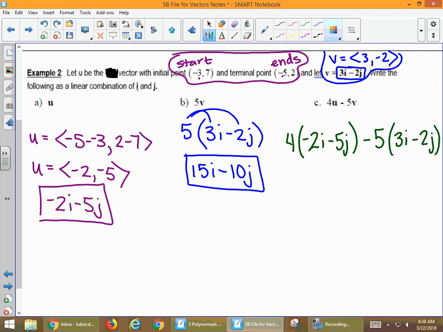No, this is like a little algebra 1 problem. Distribute. Combine like terms. So negative 8i minus 20j minus 15i plus 10j.